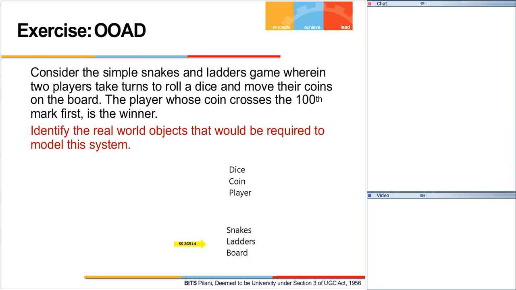But if this question is given, your snakes and ladders, although being nouns, are not considered domain concepts, right? My board in this case is static, right? I need not have a domain concept which is like snake or ladder, right? It's a static constant board.